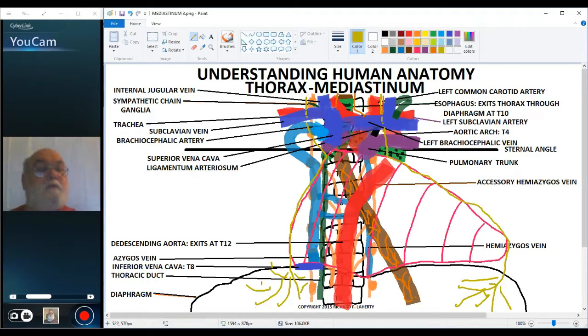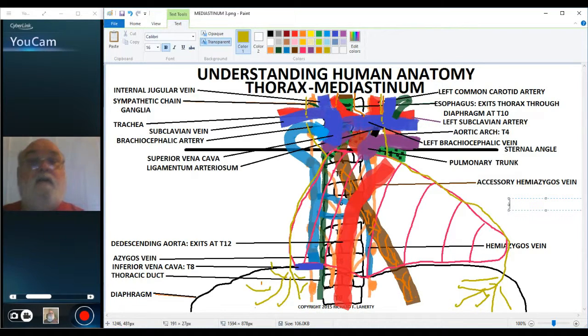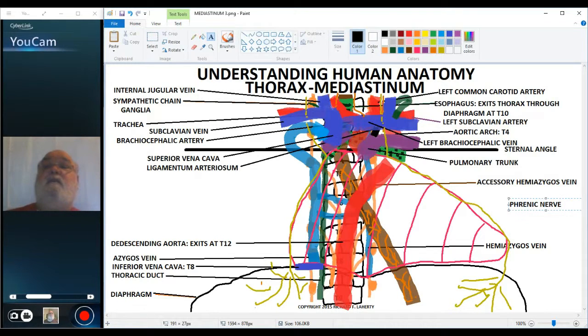Because it is the primary supply to the diaphragm, the phrenic nerve is an extremely important nerve. Without it, our ability to breathe would be greatly compromised.